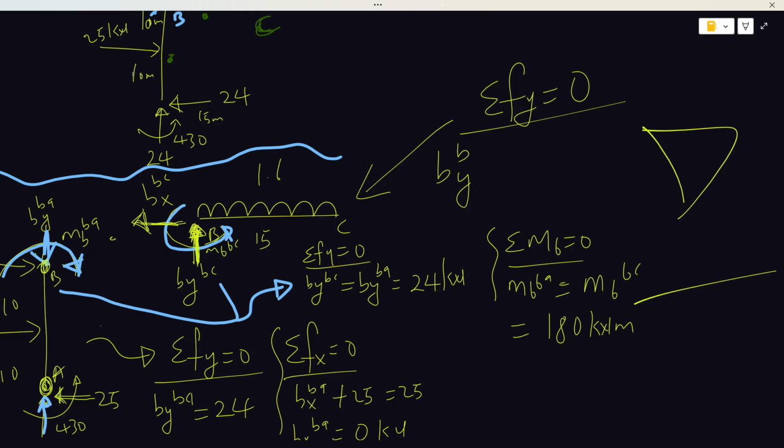So BYBC is equal to 1.6 times 15. That gives me, one minute, it's 24.